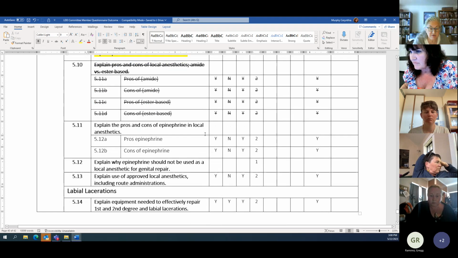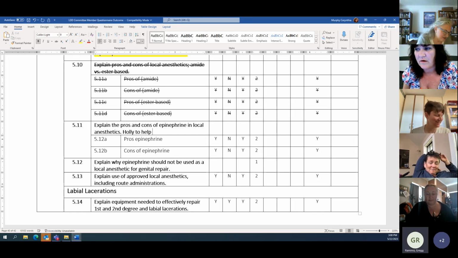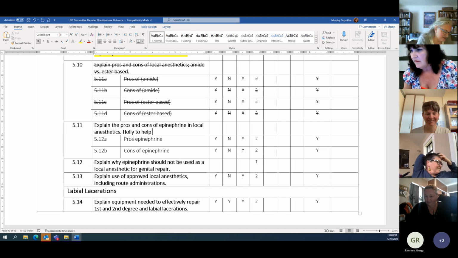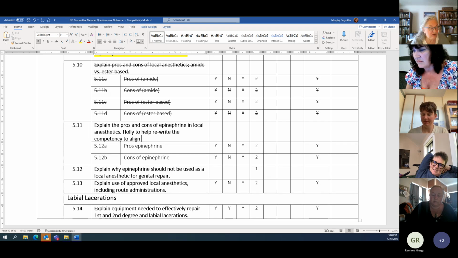So I can work on that with you if you want. Anybody else want to volunteer to do that? What are we doing with that, Holly? In 5.11, we're going to have to rework the competency a little bit to align with this. So I made a note.